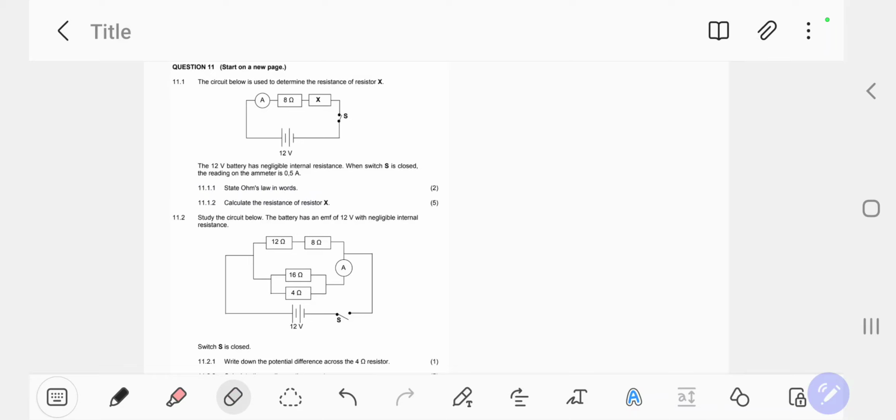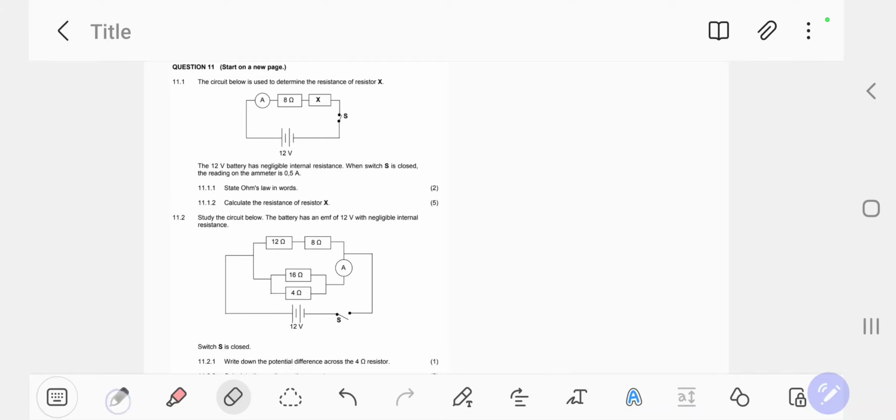It basically says the potential difference across a conductor is directly proportional to the current flowing in the conductor, provided temperature remains constant. Take your examination guideline and look at it. It is the first bullet of your examination guideline. Please make sure that you use that one.